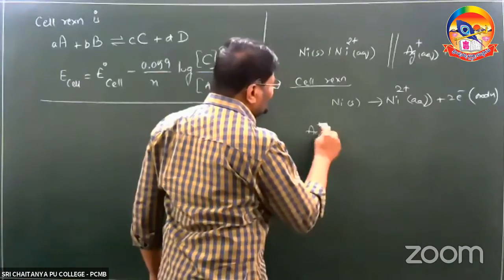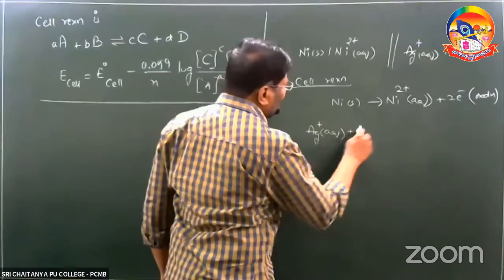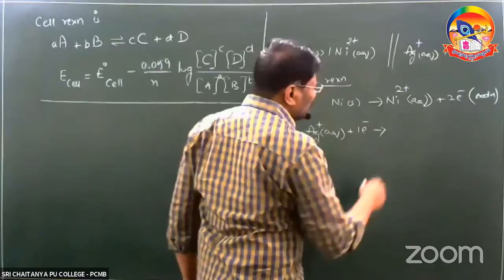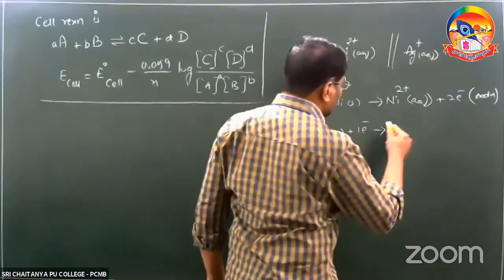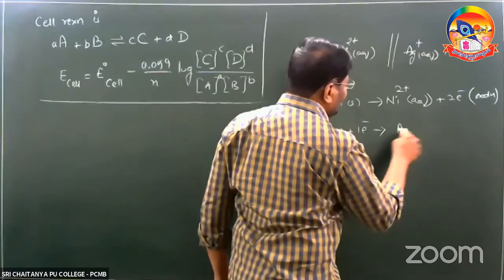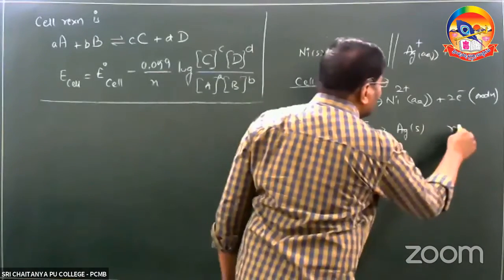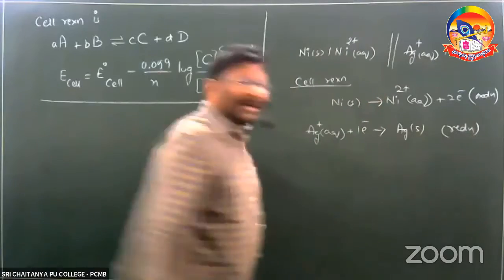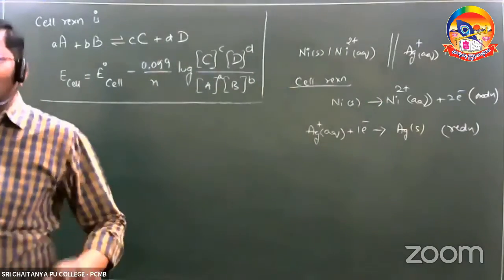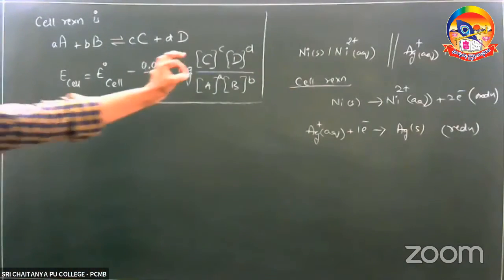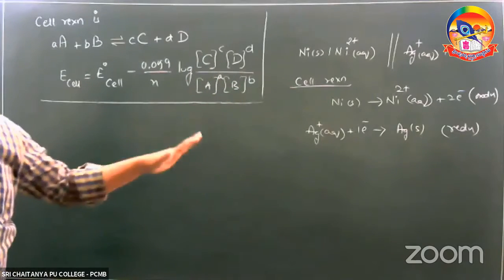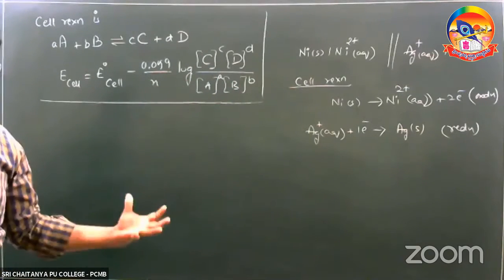Ag plus aqueous plus 1 electron gives rise to Ag solid. But listen, this is reduction. In a redox reaction, remember, first one, loss of electrons, oxidation. Second one, gain of electrons, reduction.